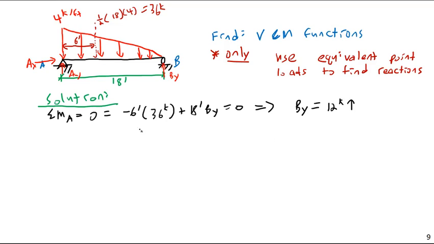And then Ay, if I do a sum of forces in the vertical direction equal to 0, I'm going to get Ay minus 36 kips plus 12 kips equals 0, or Ay is equal to 24 kips vertical.